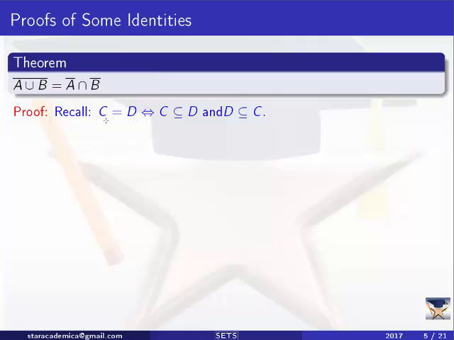If you want to show that C is equal to D, then it is necessary and sufficient to show that C is a subset of D and D is a subset of C. So we have two parts to study.